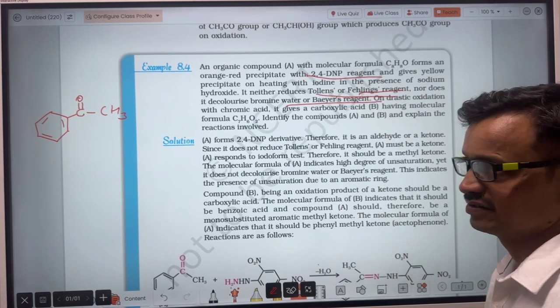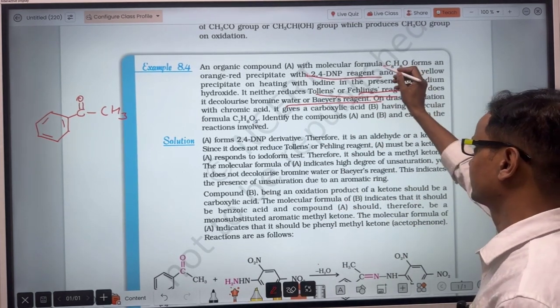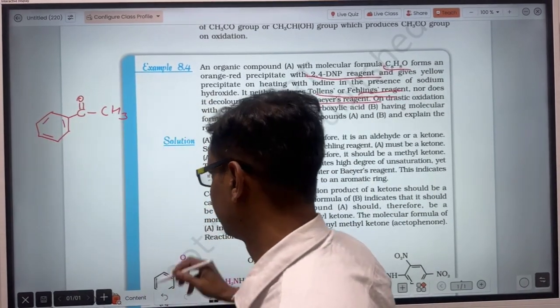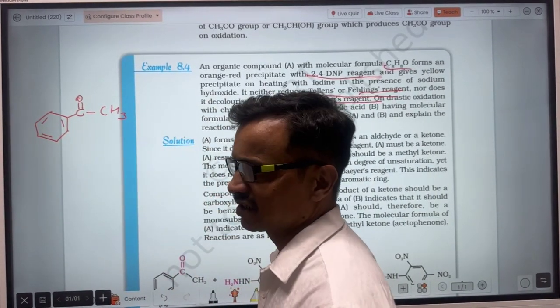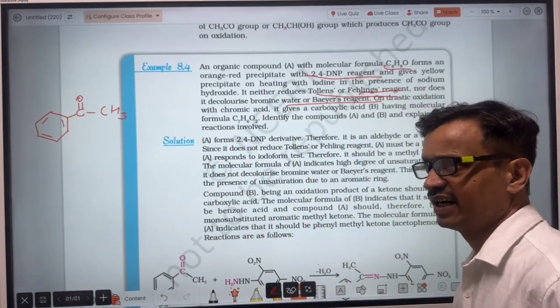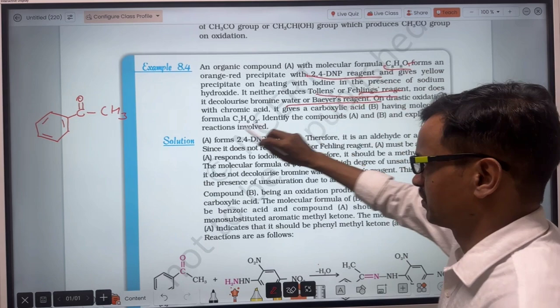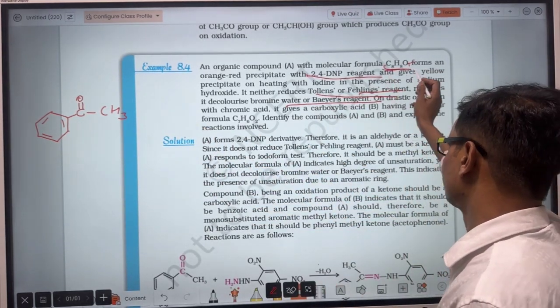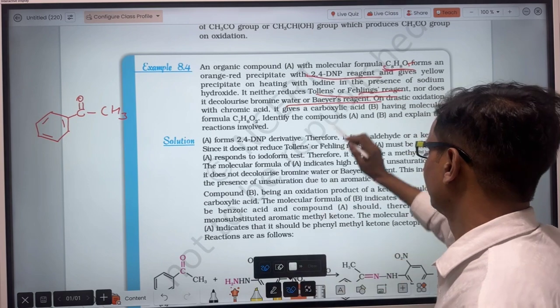Firstly, verify whether the molecular formula of this compound is that much or not. At the benzene, there will be 5 hydrogen here, and 8 carbon that we have counted. Now we will have to count the oxygen and the hydrogen. Here is 1 oxygen. Then the number of hydrogen in the compound is 8.